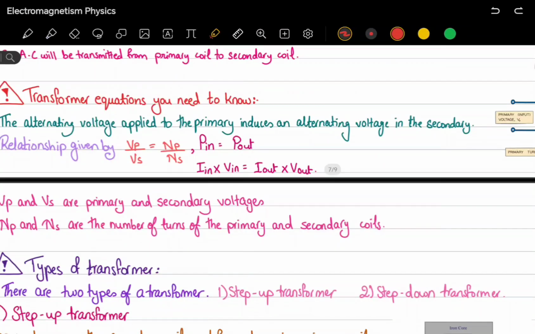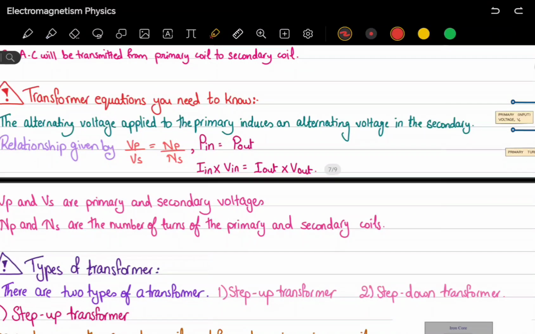Here are some transformer equations that you need to know. The alternating voltage supplied to the primary will induce an alternating voltage in the secondary. This relationship is given by Vp over Vs equals Np over Ns, which means that the voltage in the primary divided by the voltage in the secondary equals the number of turns in the primary coil divided by the number of turns in the secondary coil.